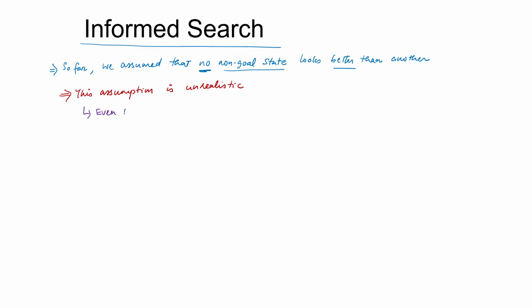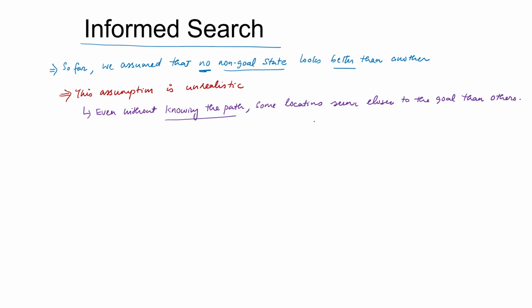Even without knowing the path, some locations seem closer to the goal than others. So, even without knowing the path, some locations may seem closer to the goal than others. That is number one. So, that is the main point.